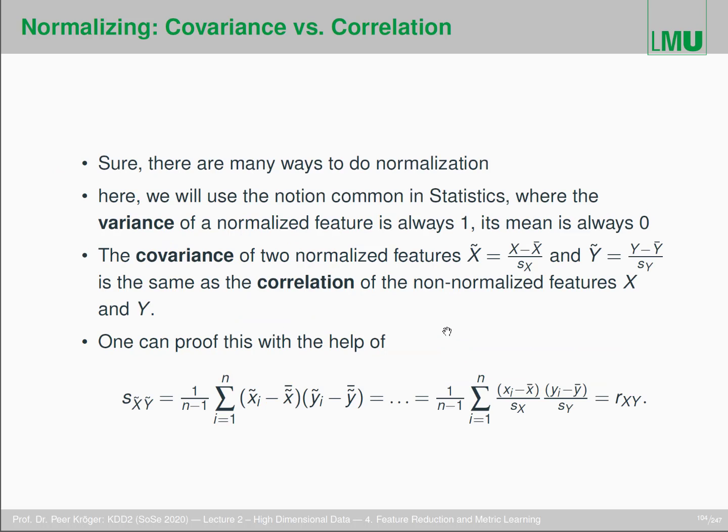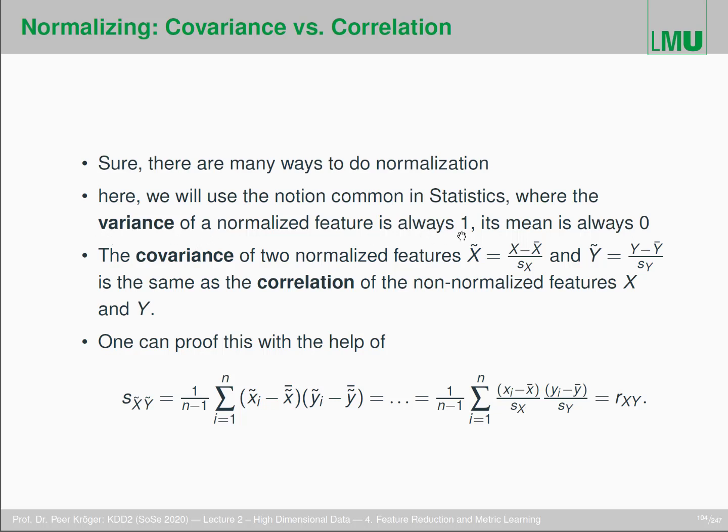As I told you before, there are many ways to normalize, but for those slides we will use the notion which is common in statistics, where we normalize the features such that the mean is always 0 and the standard deviation, so the variance, is always 1.